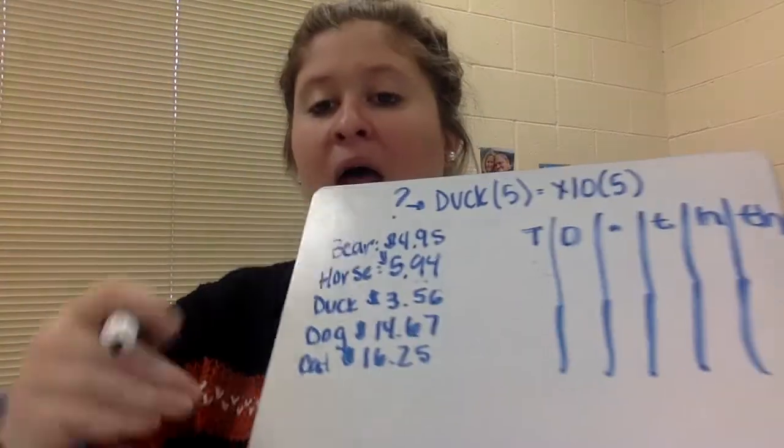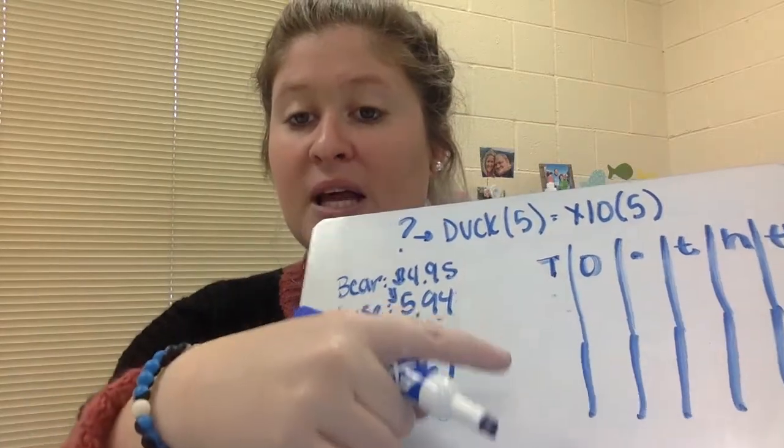Okay. Since I'm looking at these numbers and may only go to the tens place to save space, I'm going to start with the tens place. So I'm putting a capital T for tens, an O for ones, my decimal, my tenths, my hundredths, my thousandths. So that way it gives me a little more room so that you can clearly see what I'm doing. Okay, I'm going to move these numbers directly over. So the bear, 4 ones, decimal, 9 tenths, 5 hundredths.